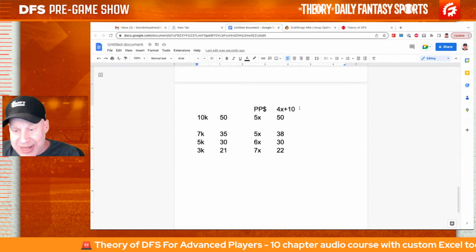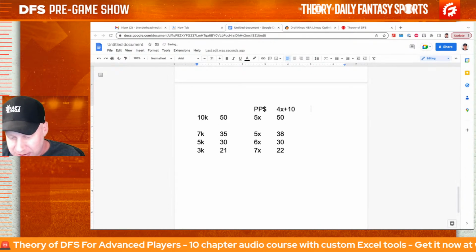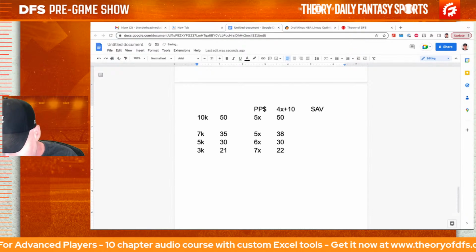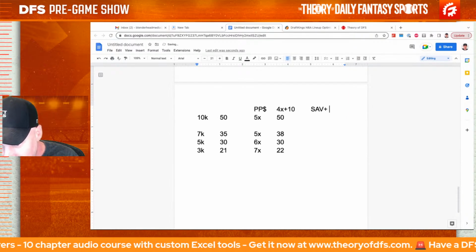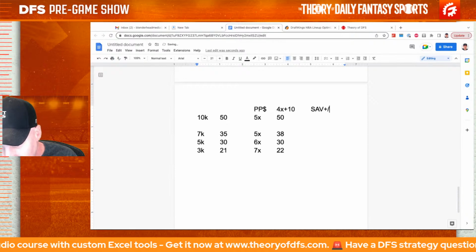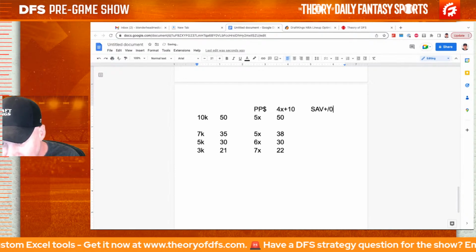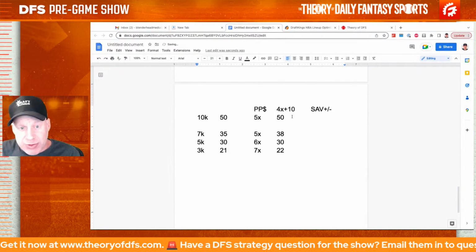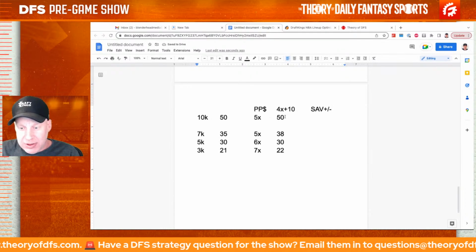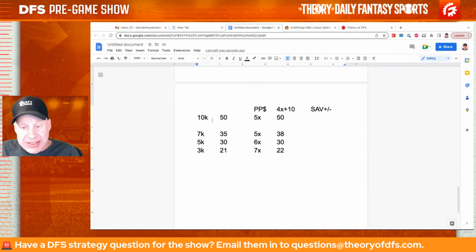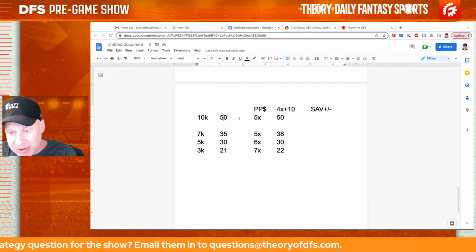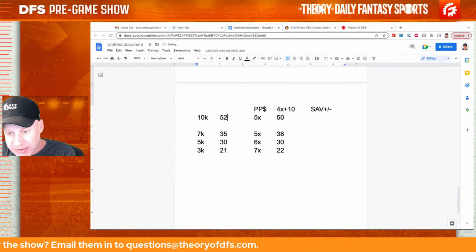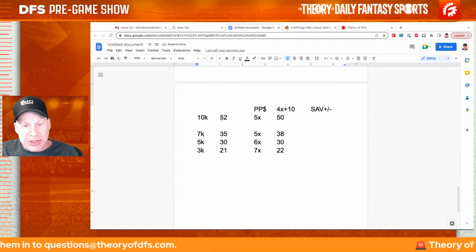So now that we did that, we have the salary adjusted plus minus. So how many points on average, the mean, compared to this baseline is this player? Let's say the 10K player had a 52-point projection.